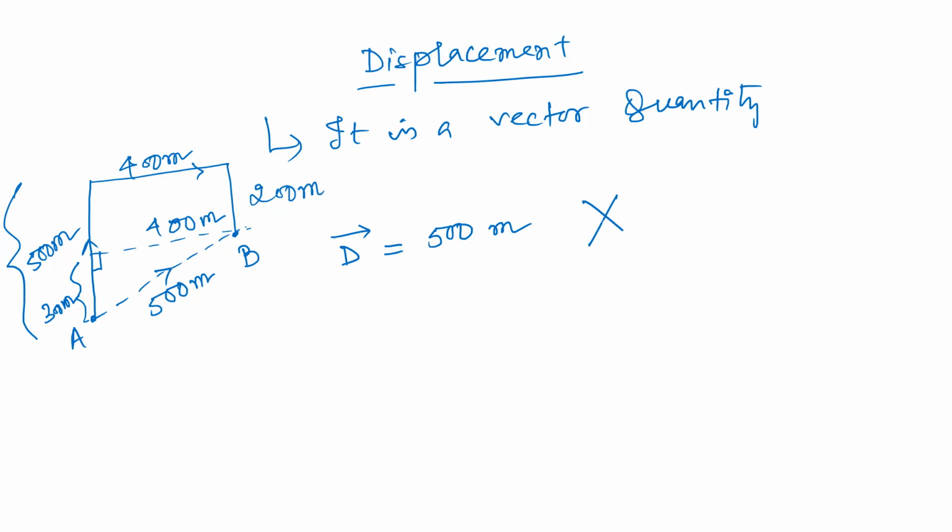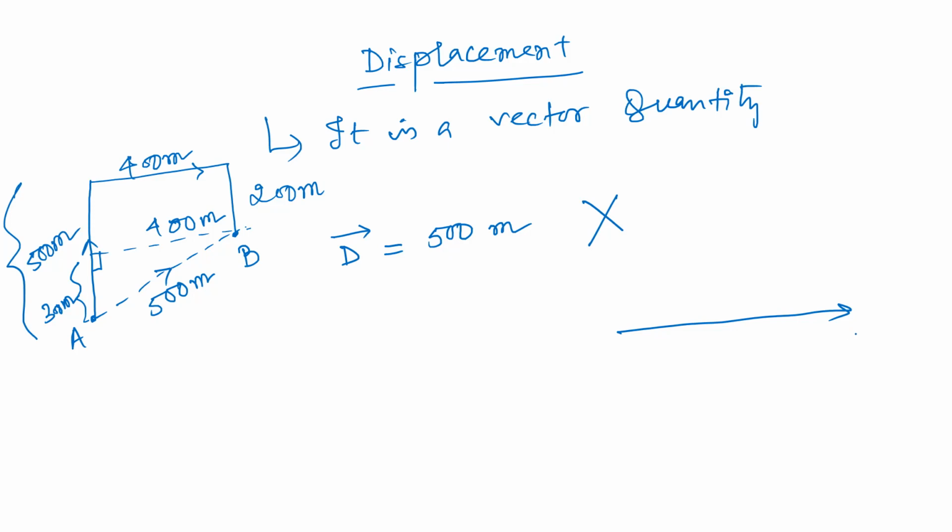So what is the actual procedure to represent a vector quantity? Though I will teach the chapter vector after the completion of motion in one dimension, I have to introduce some of the basic concepts of this vector. Okay. So you have to learn one thing, that the displacement can be measured in one direction.